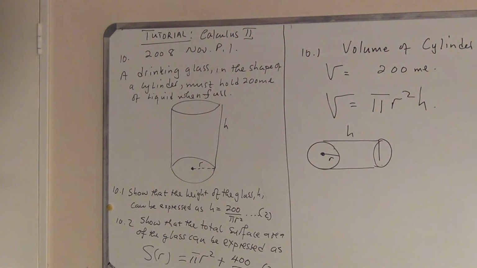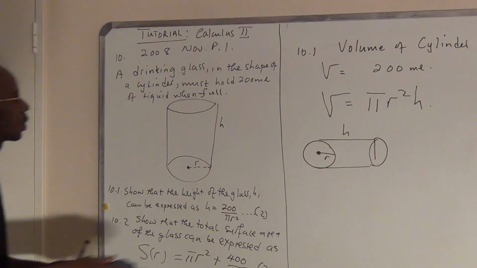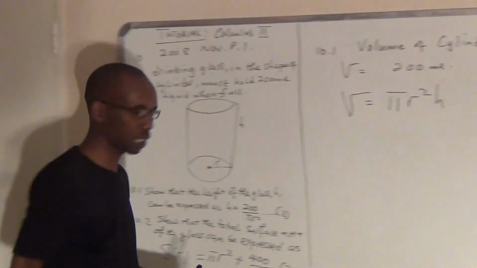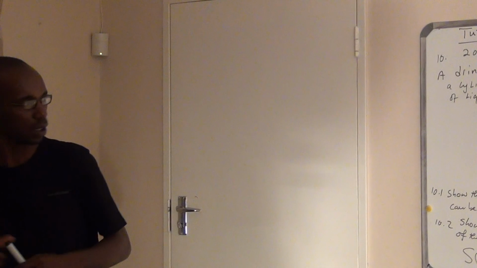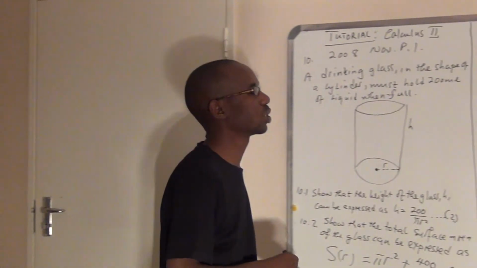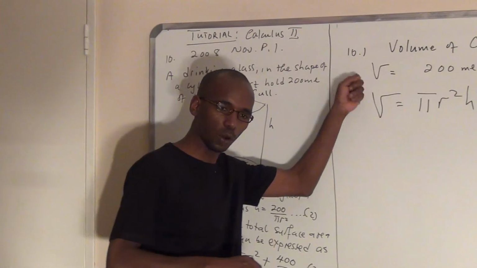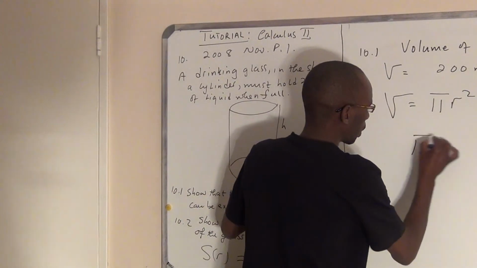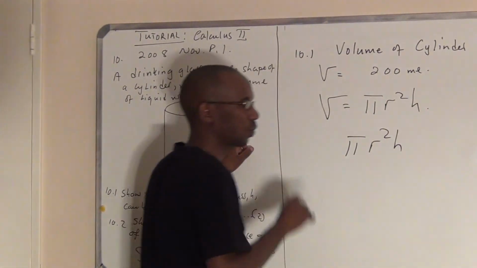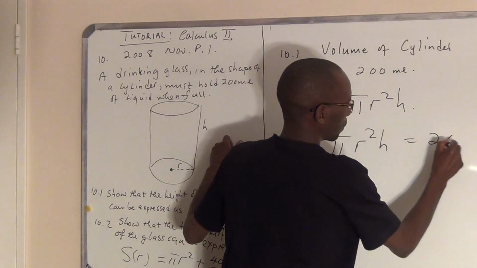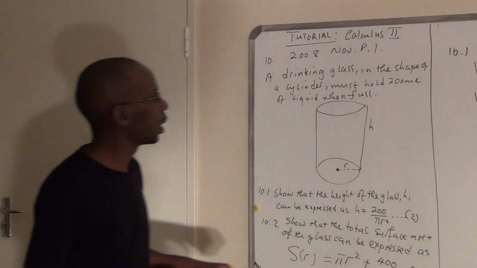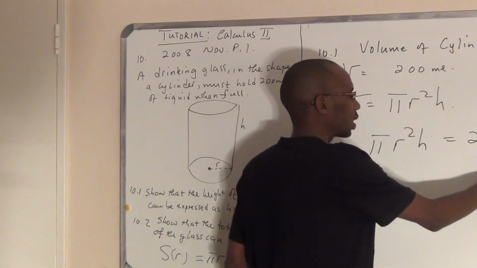And if we do that, then we should notice immediately that since our volume, just expressing it in terms of dimensions, is pi r squared h, we are told what the volume is, 200. So we can confidently write that pi r squared h, the volume, is equal to 200, because we've been told that's the volume. Now, if we do have this now, what then should we do?